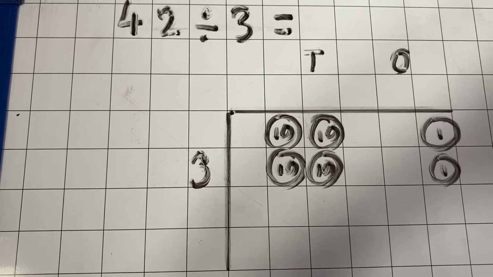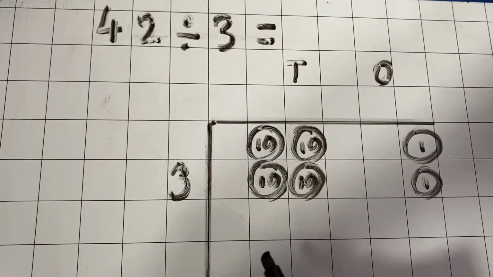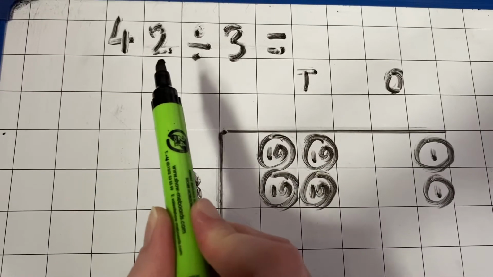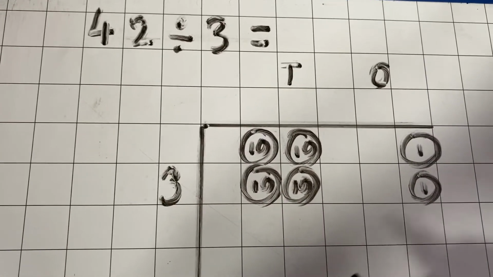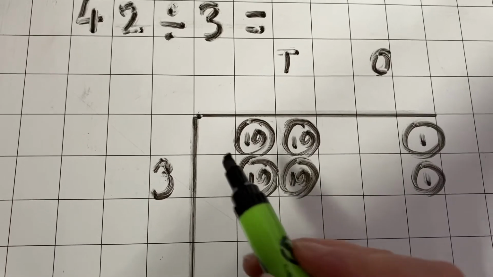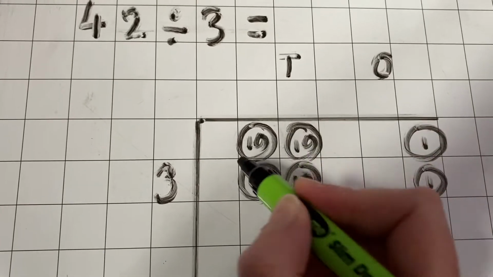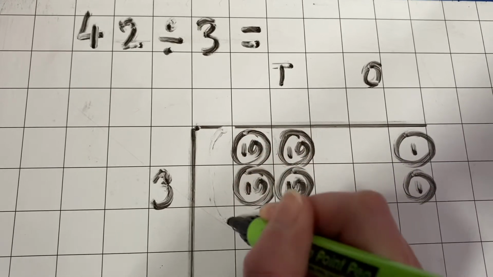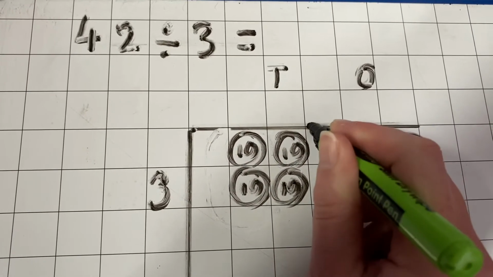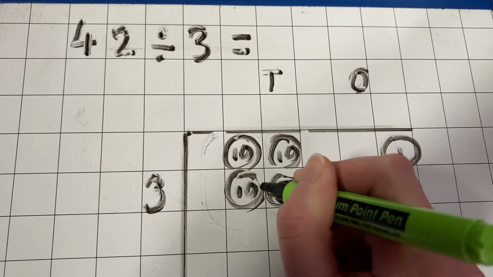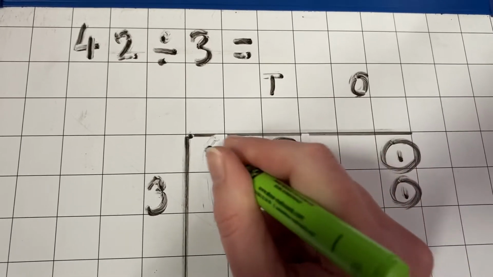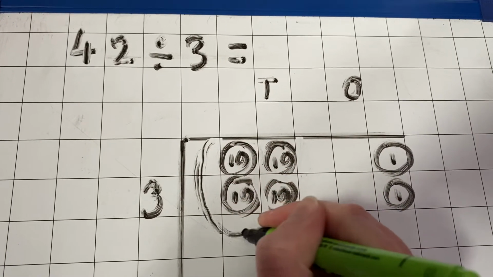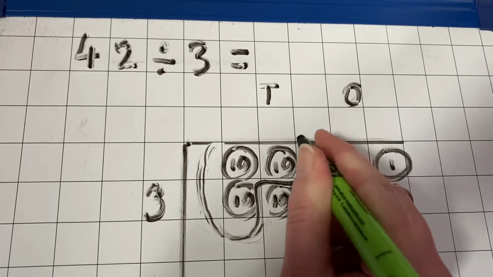Sometimes we will need to make an exchange. Here, I have moved on to the pictorial method as part of my understanding, and I have the question 42 divided by 3. I can see that I can group one group of 3 like that.